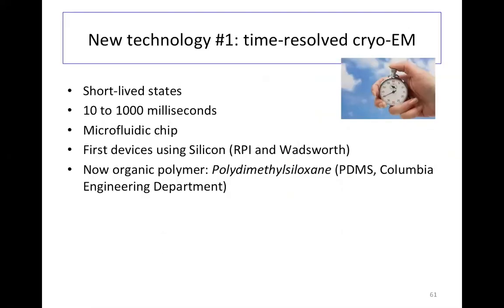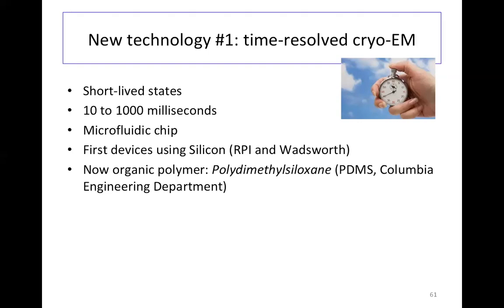So here I have just a couple of slides for 2 new technologies that I've been particularly interested in. One is time-resolved cryo-EM. The objective here is to look at short-lived states that only last for 10 to 1,000 milliseconds. So they are inaccessible with the currently very slow process of specimen preparation.